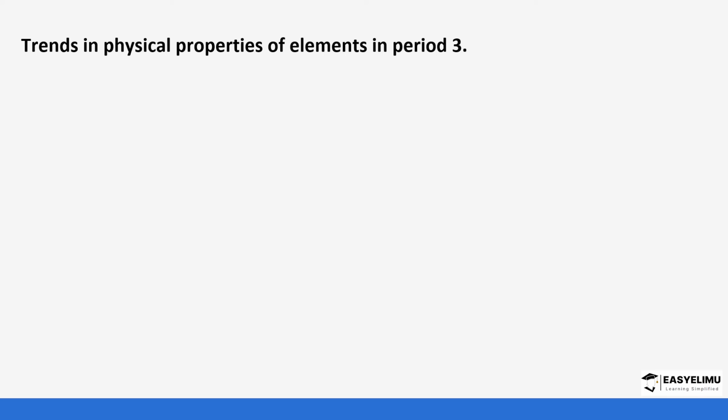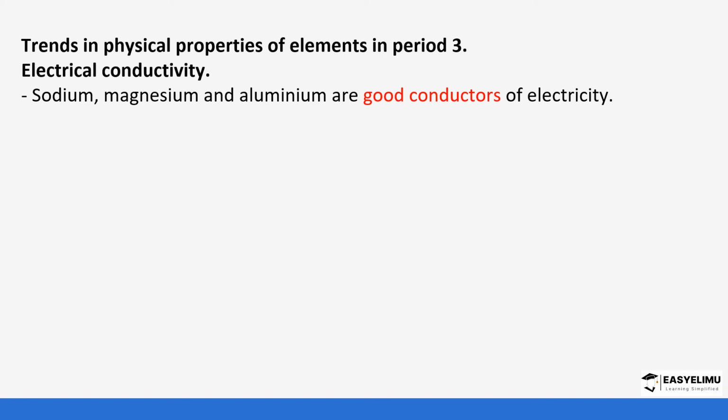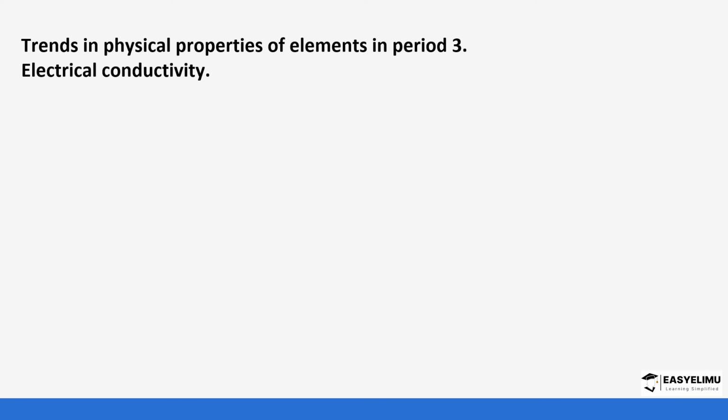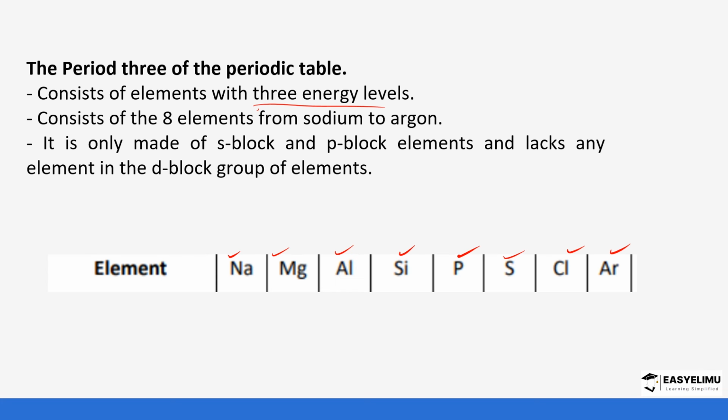So one of the physical properties of period 3 elements is electrical conductivity. You'll notice when we are discussing these properties, they may not have a gradual increase or decrease across the period. Some of them might, but remember they have been divided into two. When you go back to the previous slide, you can notice that sodium, magnesium, and aluminium are metals.